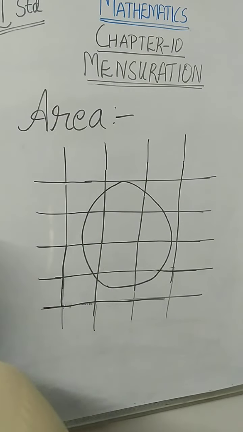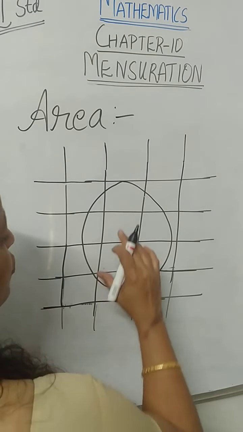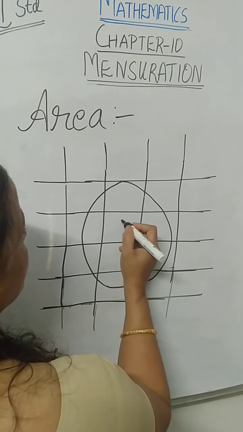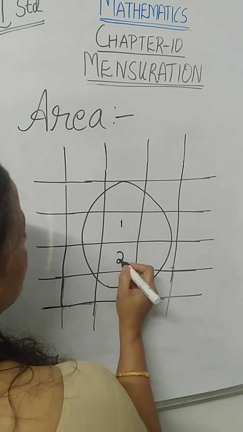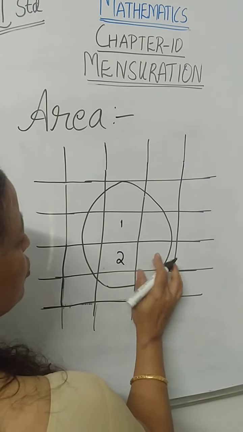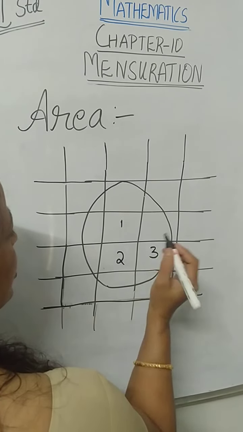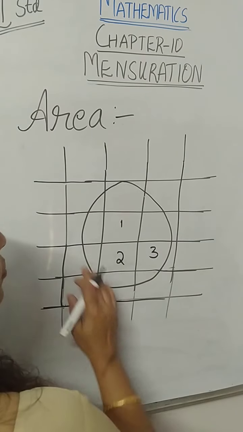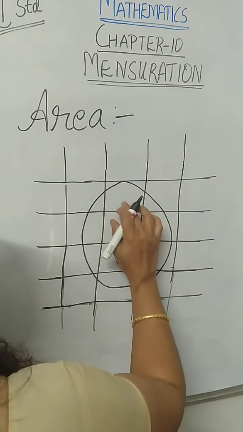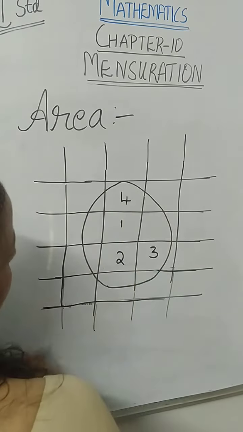Okay. Now look at this circle. How many full squares has it occupied? Look here. This is one full square. Here another full square. This is almost full, so this also we can take as full. Now remaining squares, this also we can take as full, I feel. Yes, it is full.